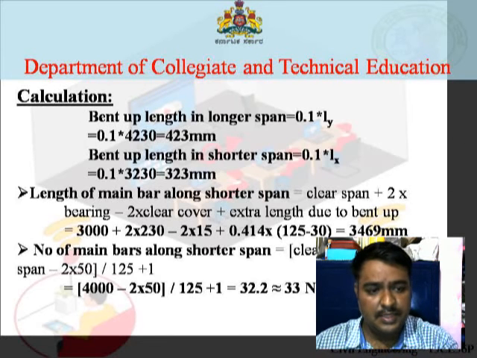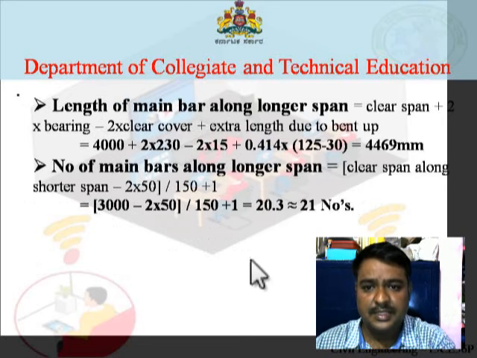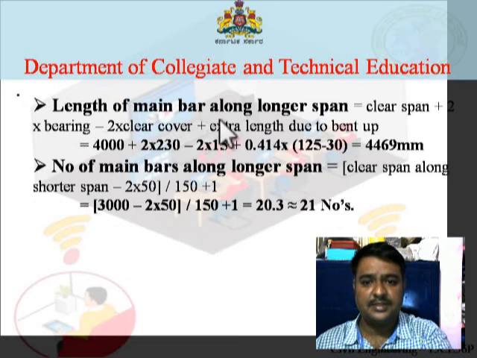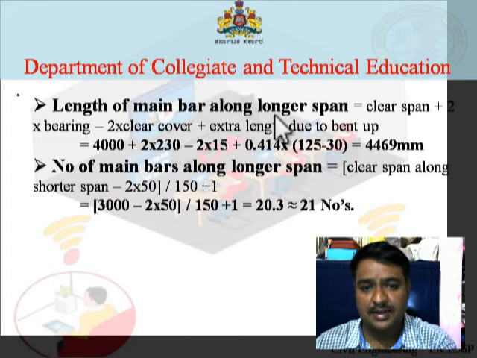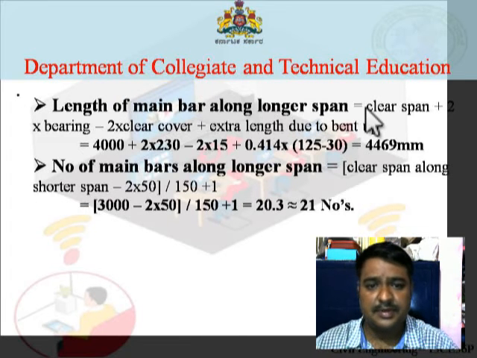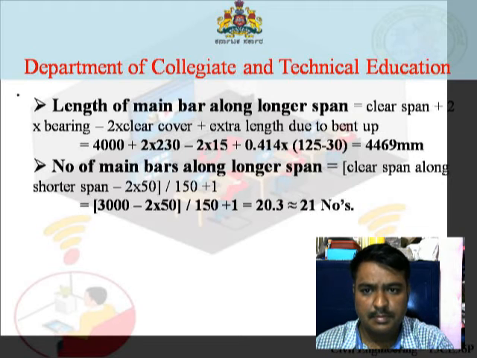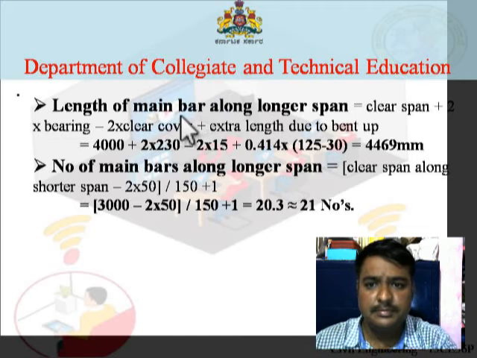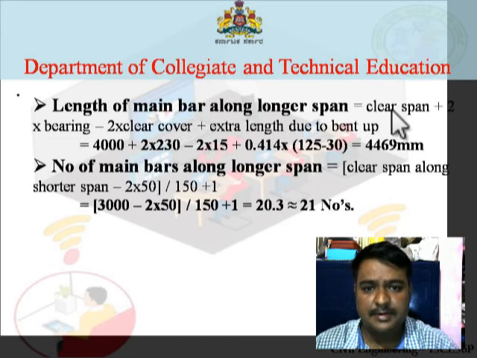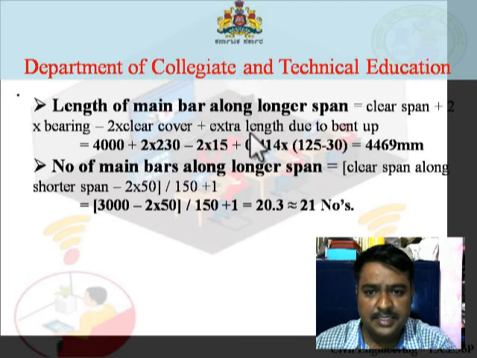Then we go to the next step of calculation, the length of main bars along the longer span. Same formula. So length of the main bar along longer span is given by clear span plus 2 into bearing minus 2 into clear cover plus extra length due to bent up.